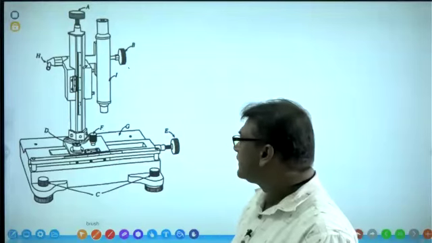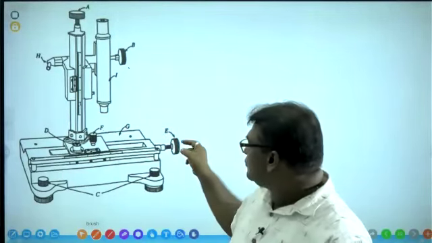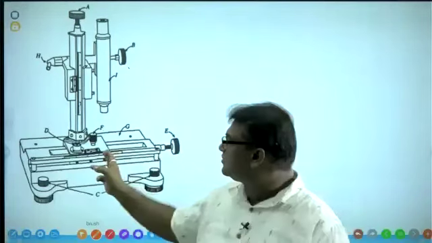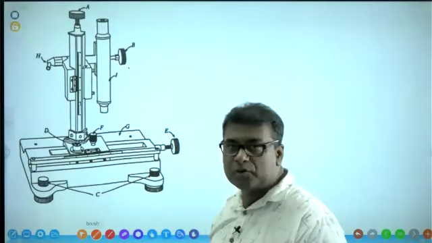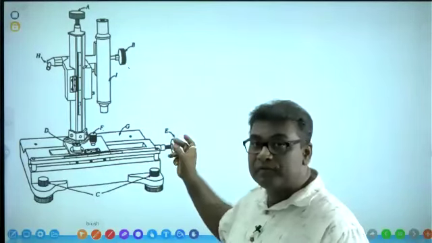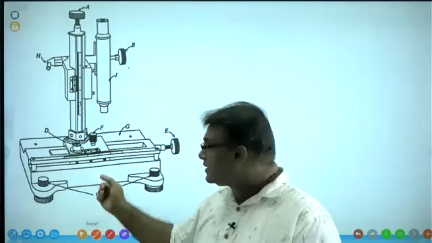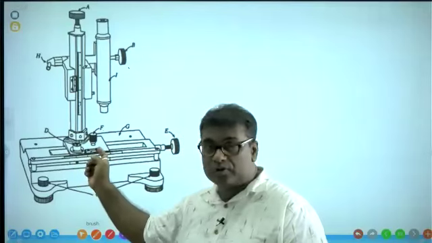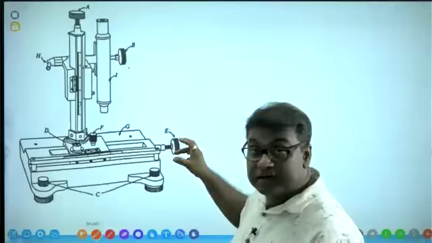Yes, we have to do additional work. For example, if this is tightened, when you rotate this one, it moves very smoothly by a very little displacement. Then we have to do additional work to shift a very small distance. To travel a small distance of the vertical or horizontal component, we have to do a large work.